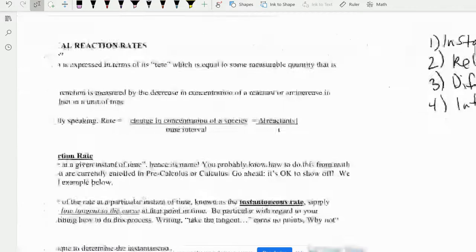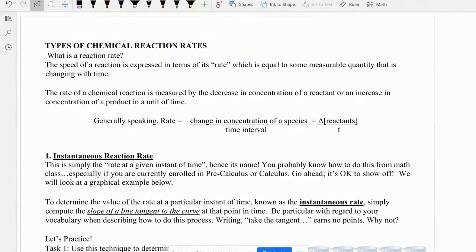In chemistry, as a quick review, what is a reaction rate? The rate of a chemical reaction is going to be measured by the decrease in concentration of reactants or an increase in the concentration of products. Does that make sense? Generally speaking, reactants are the things we start with. If we start at time 0, right at the beginning of a chemical reaction, don't you agree that we have 100% of the reactants?